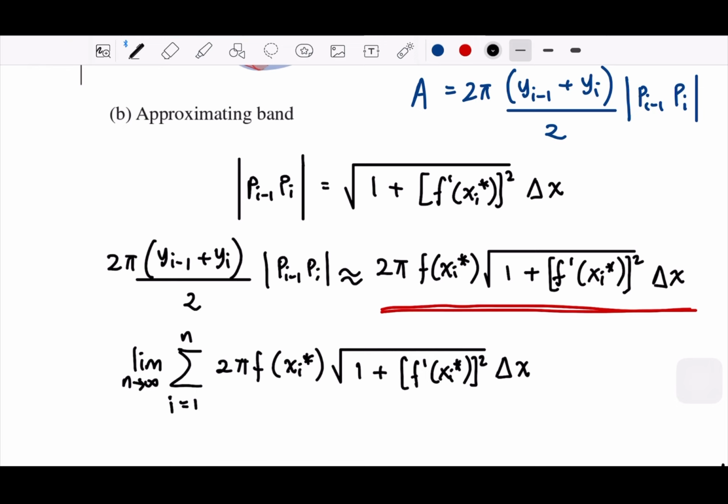And whenever you see a limit and then the summation, the sigma, you can think of this like integration. Definition for integral.